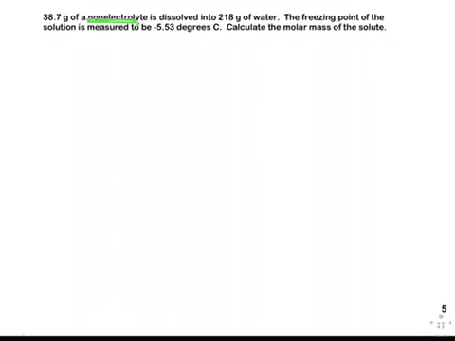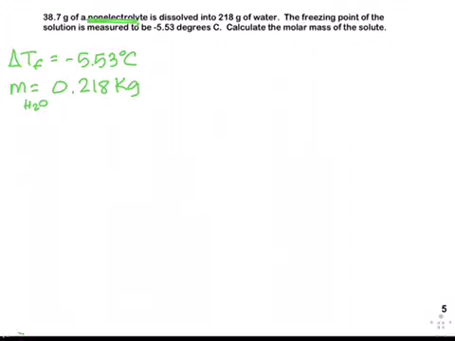Okay, so we are given that delta TF is negative 5.53 degrees Celsius. We know the mass of the water, I'm going to convert that to kilograms. We know the constant, the freezing point constant for water is negative 1.86.